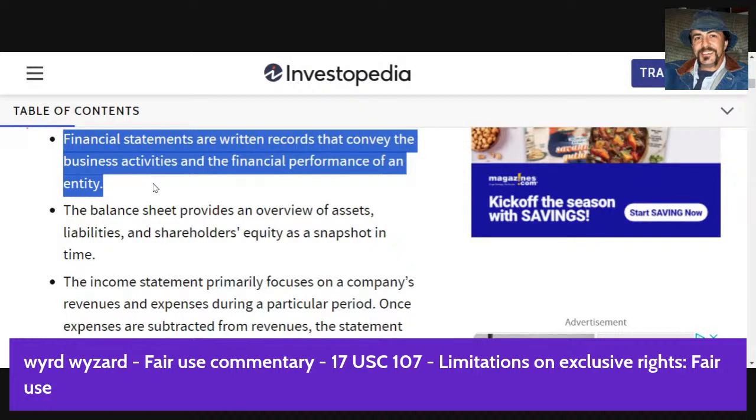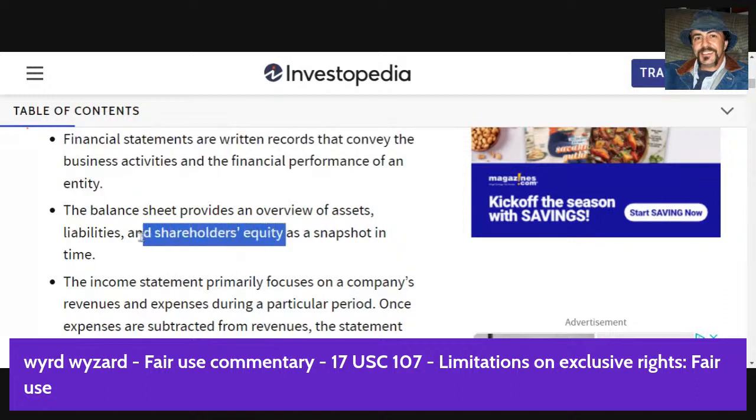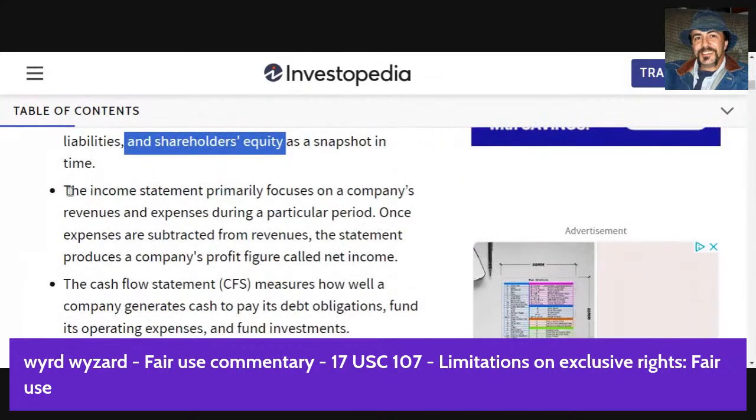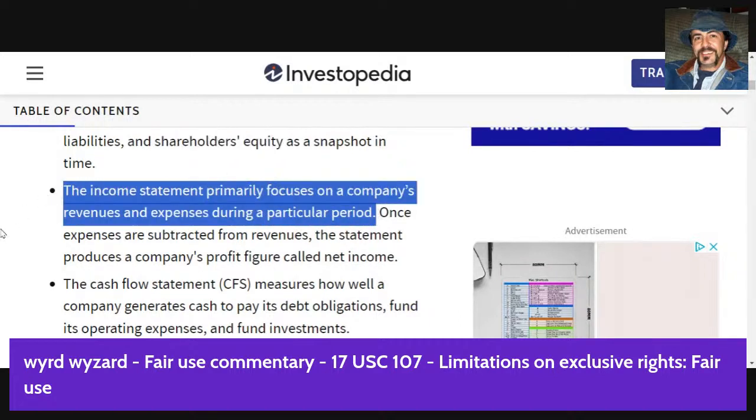The balance sheet provides an overview of assets, liabilities, and shareholders' equity as a snapshot in time. The income statement primarily focuses on a company's revenue and expenses during a particular period. Did mom have a revenue and expenses during a particular period?